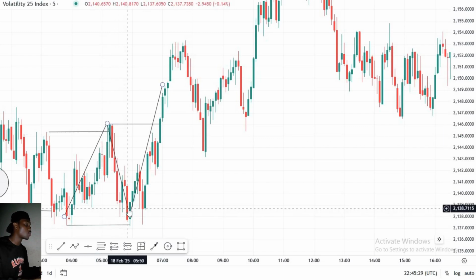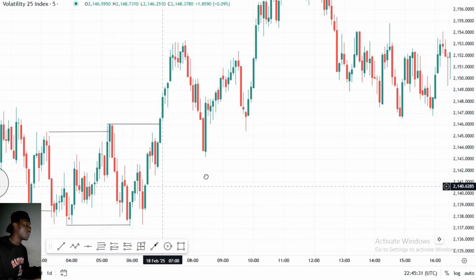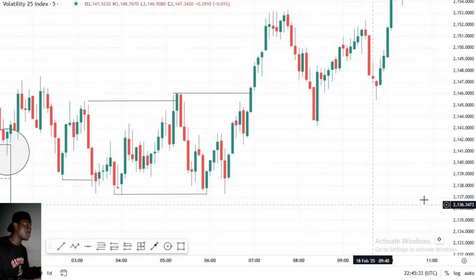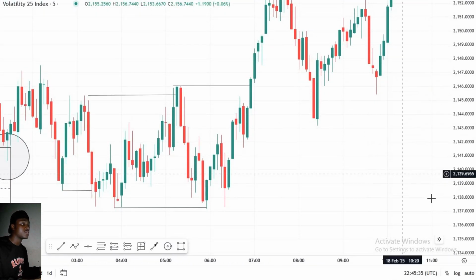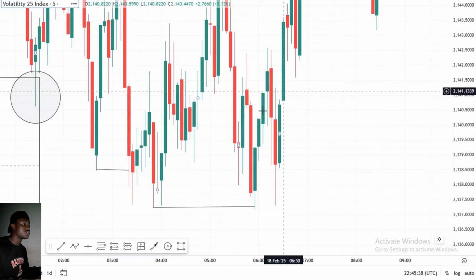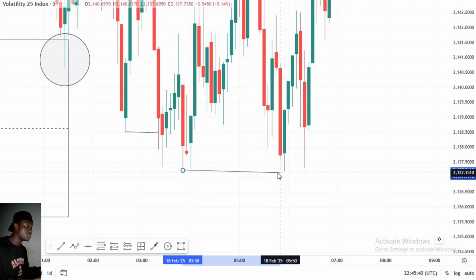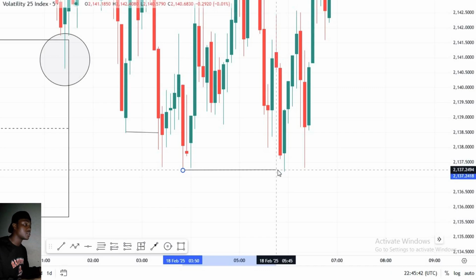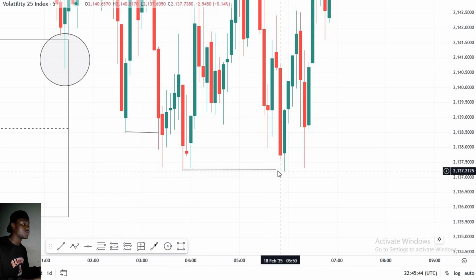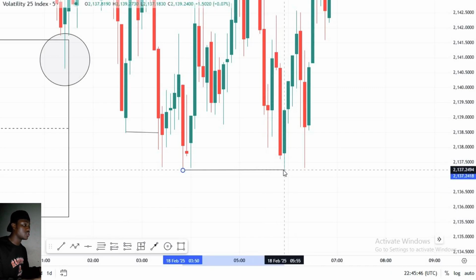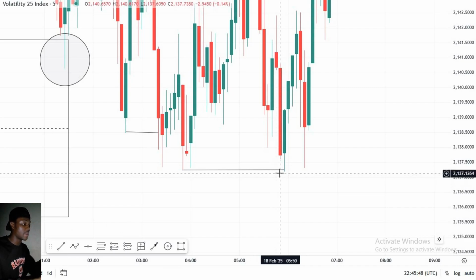So when it gave this proper shifting structure and this very small liquidity gap, which someone would even take as an equal low because it didn't close below it, but it grabbed it a little.